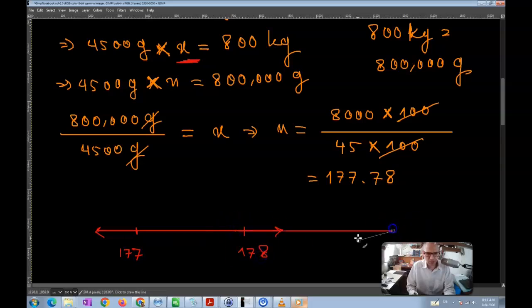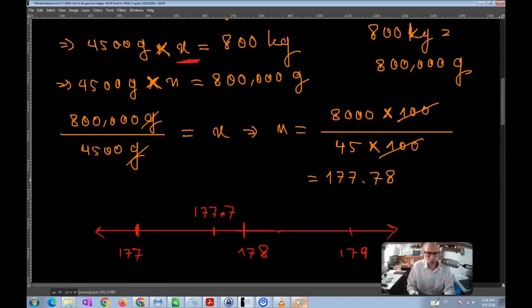Then somewhere over here we have 179, and so on, right? And 177.7 would be somewhere between 177 and 178.